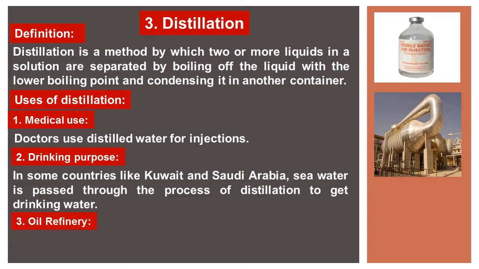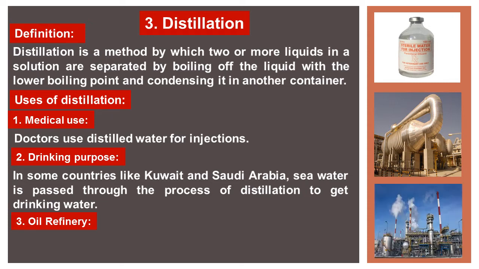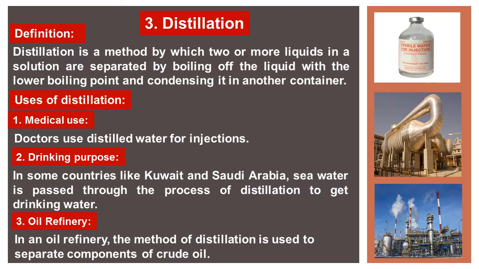And then the third use of distillation is given as the use of the distillation process in oil refinery, and that is the fractional distillation process, in which the different components of the crude oil are achieved at different boiling points.